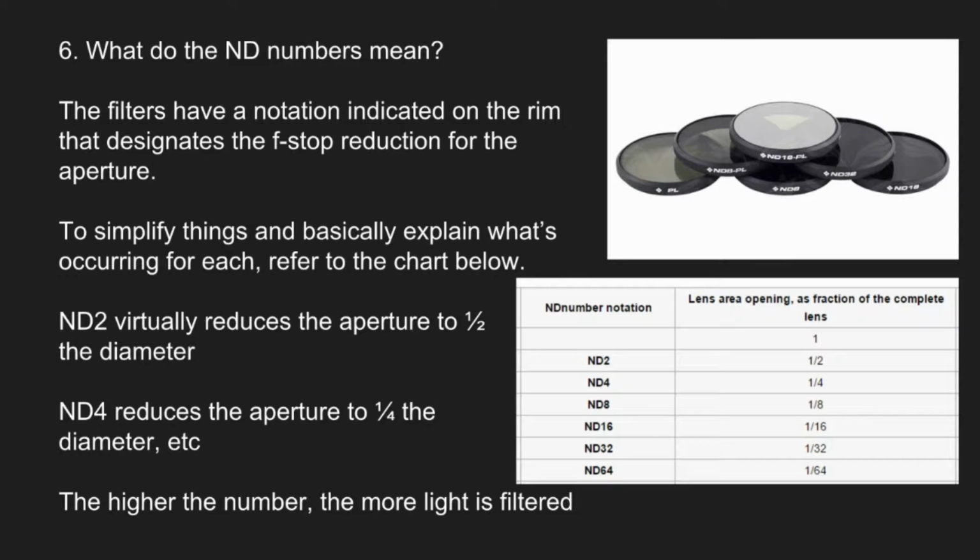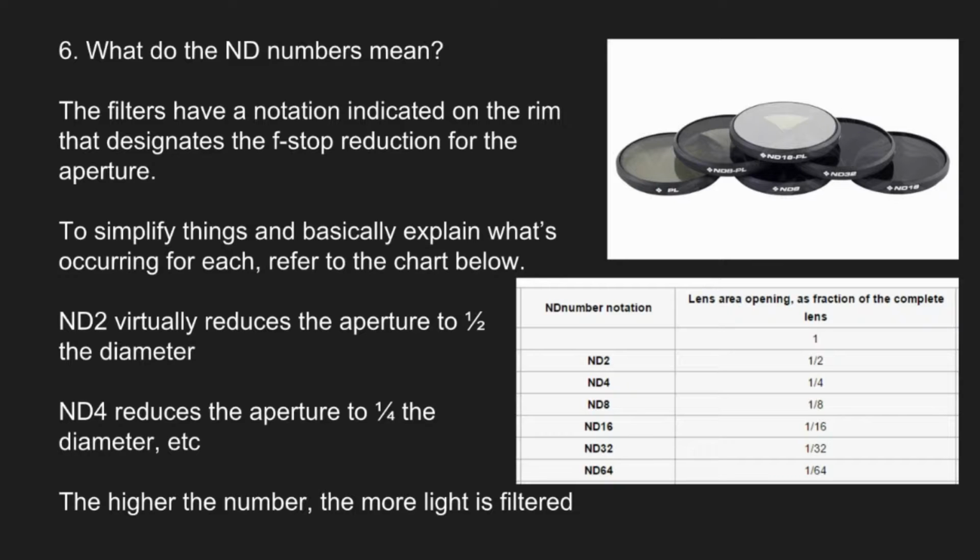So if you notice the picture on the right hand side of this slide, all of the filters there have a number on them. Usually they start with ND, as we know means neutral density, followed by a number. It's a scaling number. It basically doubles itself based on how much light it is blocking.